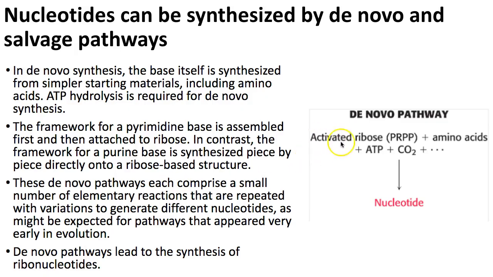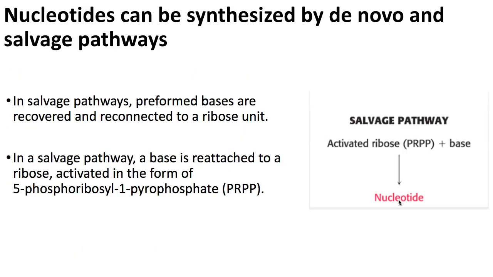And so you have your activated ribose, in shorthand PRPP, and then amino acids, hydrolysis of ATP, and carbon dioxide, and all of that combined together ends up making your nucleotide.